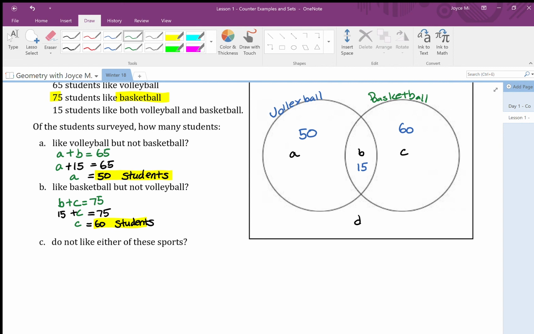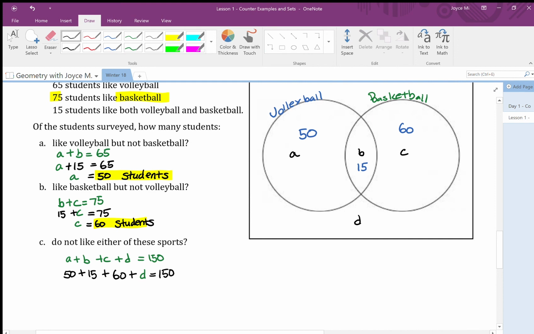So A plus B plus C plus D gives me 150, the total number of students who participated in the survey. Filling in what we know, this is 50 plus 15 plus 60 plus D, which is the only one I don't know, equal to 150.